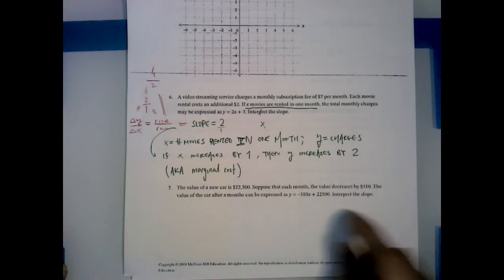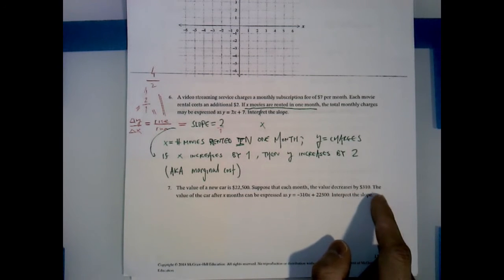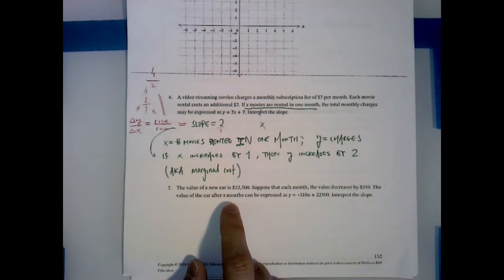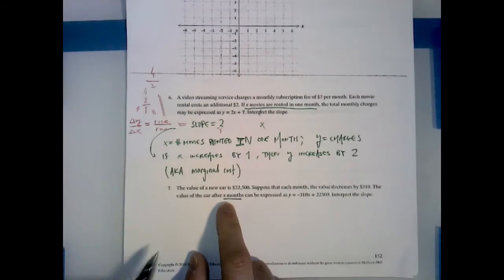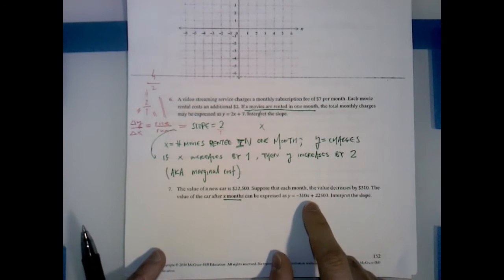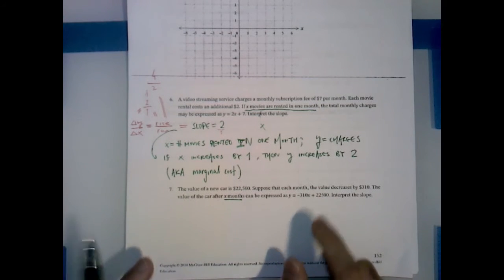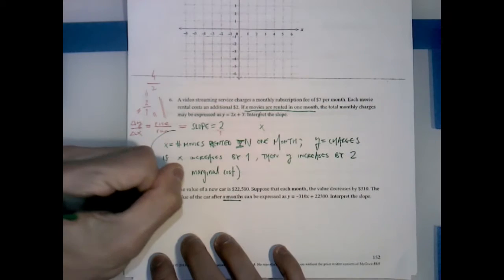The value of the car after x months can be expressed by y = -310x + 22,500.